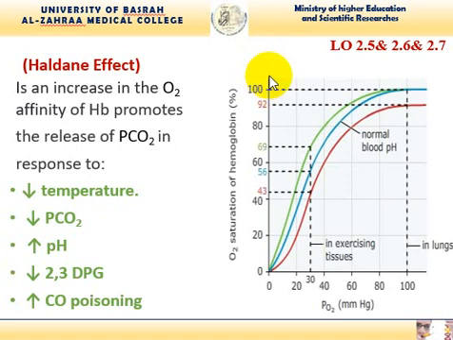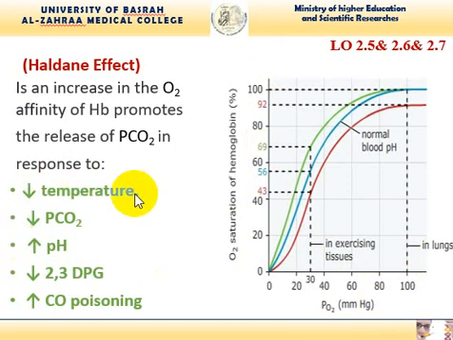So again, this is an oxygen dissociation curve. The vertical axis represents the percentage of the oxygen saturation of hemoglobin, and the horizontal axis represents the partial pressure of the oxygen. So what happens here?